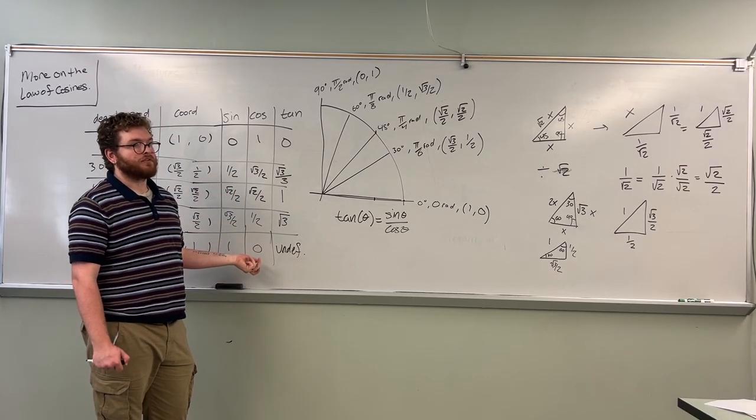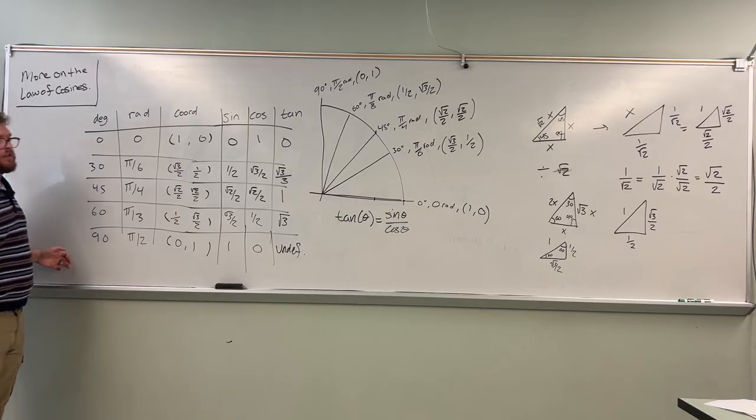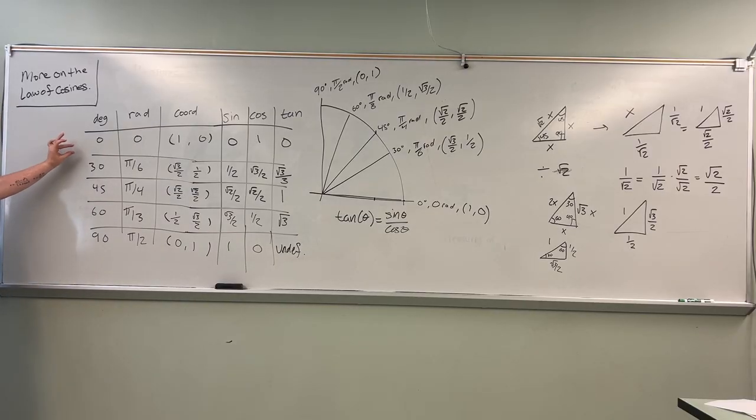It's pretty gross though. So that's why we pick these. Sometimes you'll also see they'll squeeze a 15 in here, and they'll squeeze 75 in here. Those are a lot less common, but they're sometimes useful. That's pi over 12 and 5 pi over 12. So that's where you might squeeze some of those in, but these are the only ones you really need.